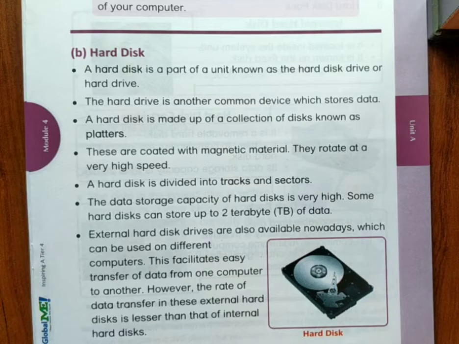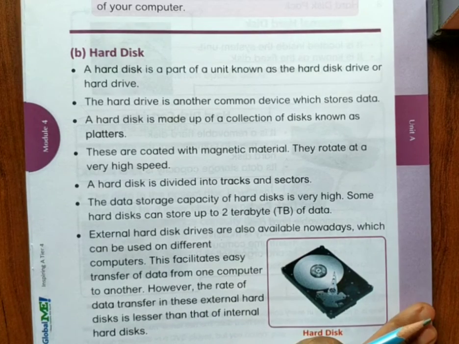It is another common device which stores data. The hard disk is divided into tracks and sectors. It has very high speed and can store up to 2 terabytes. Have you got, children, the features and what all there is about the hard disk?